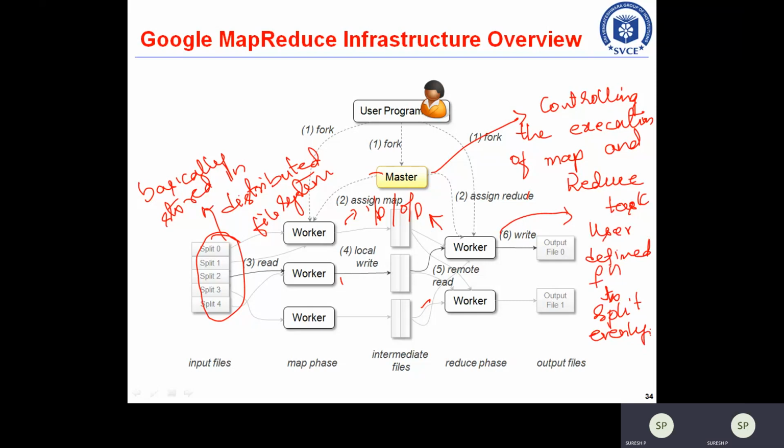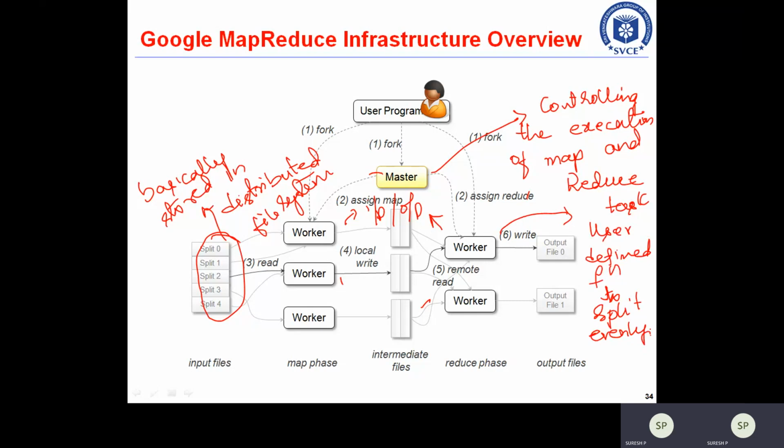Now, the workers will be located all over the globe, right? So the master has to tell which worker is located in which place.